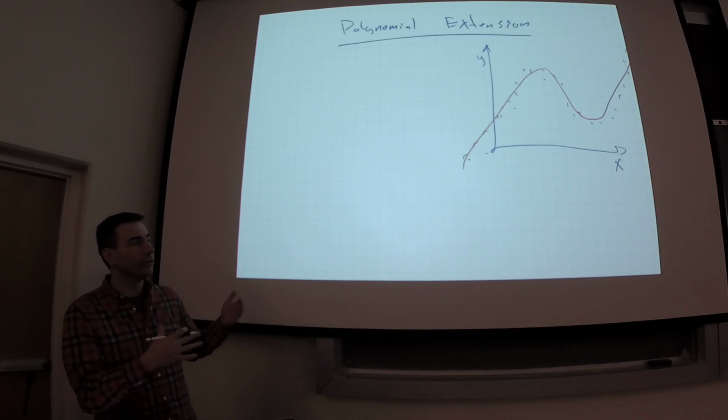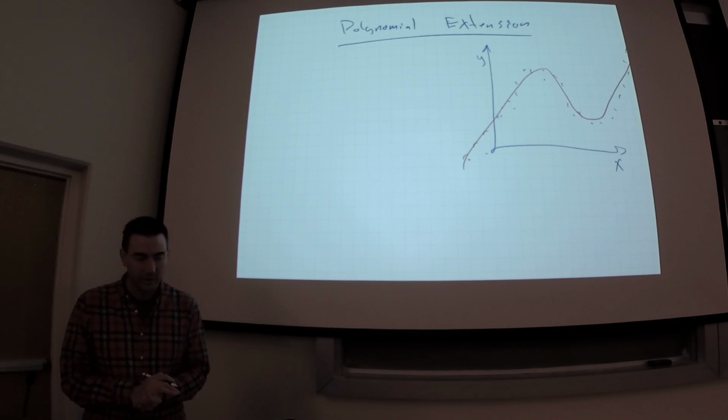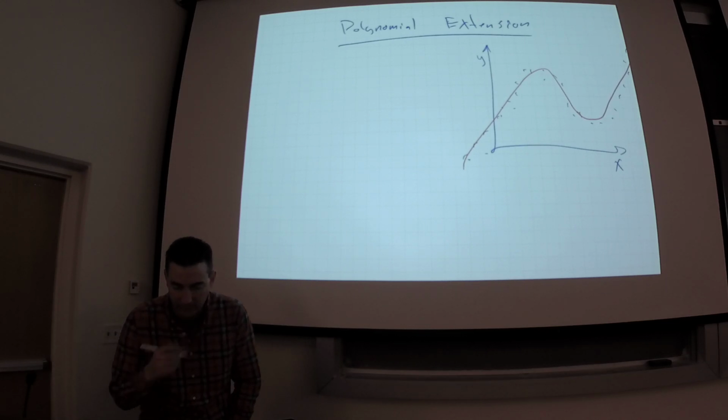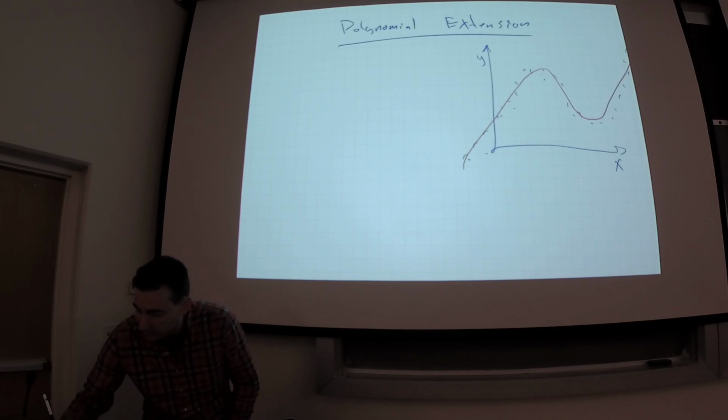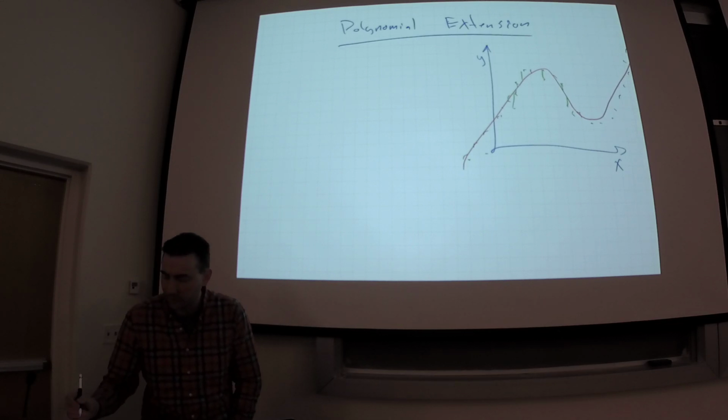It turns out this is not really any more difficult to solve than the linear case. The error in this case is still going to be measuring just the error in the y direction. And that's what makes this work.